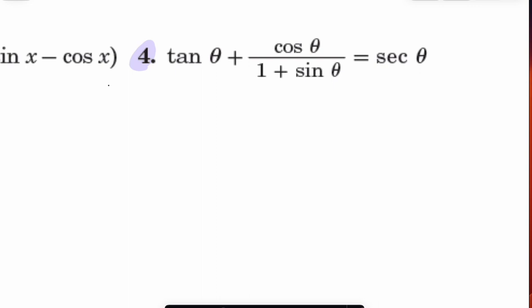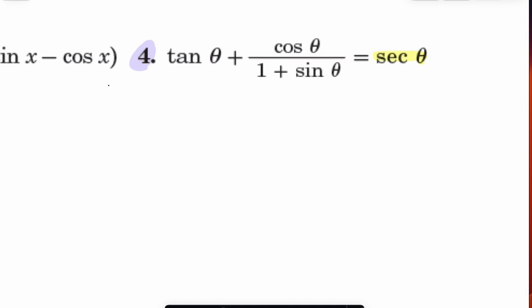It just so happens on this one that the right side does seem to be pretty simple. So I'm going to think about that as 1 over the cosine. And that's what I'm shooting for. Now on the left side, I have lots of trig functions to work with. If I have lots of trig functions, the first step you should do is to turn them all into sines and cosines.